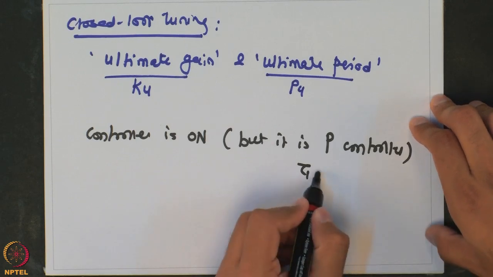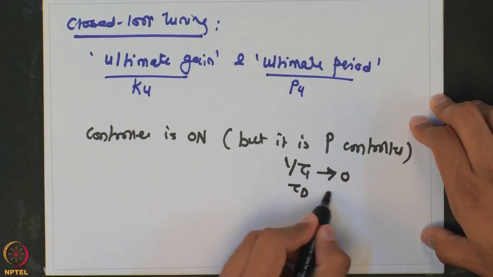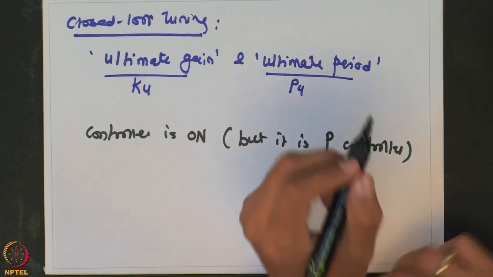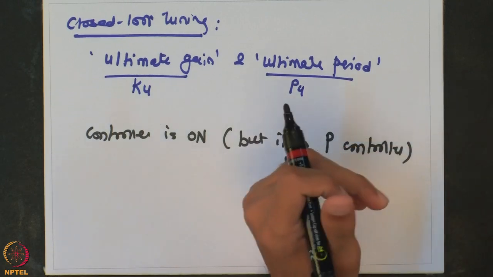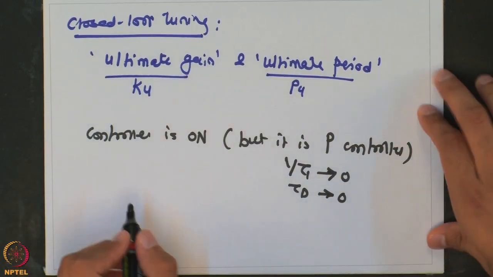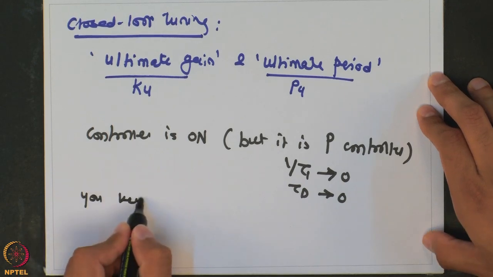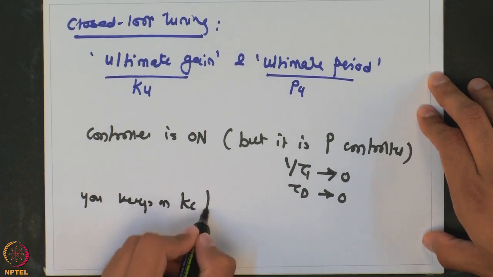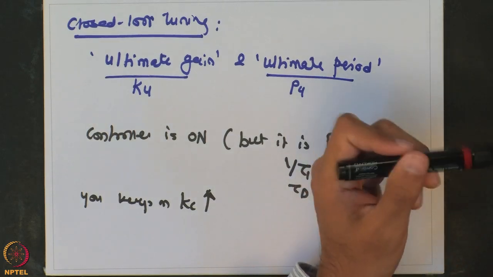So, tau I, or 1 over tau I, is 0, and tau D is also 0. So, only a proportional controller is used. It will ensure that the system will remain stable, and you keep on increasing the gain of the controller. So, we are going to keep on increasing the gain of the controller.